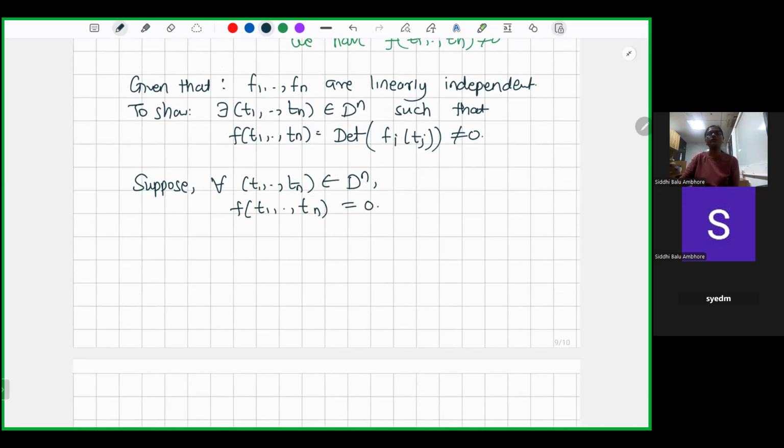We'll do the proof by contradiction. So I'm taking that, suppose for every such tuple t1 to tn, I get that f of t1 to tn is 0. That is, the determinant of this fi(tj) matrix here is 0.